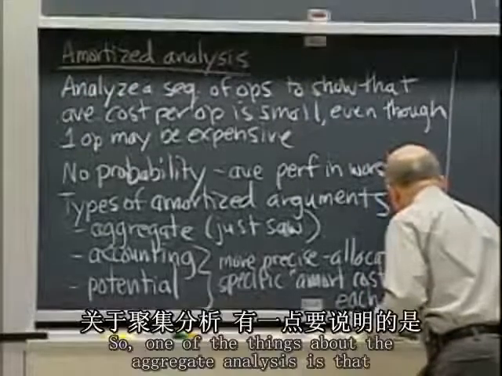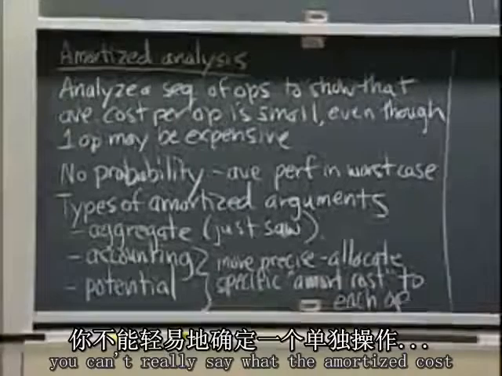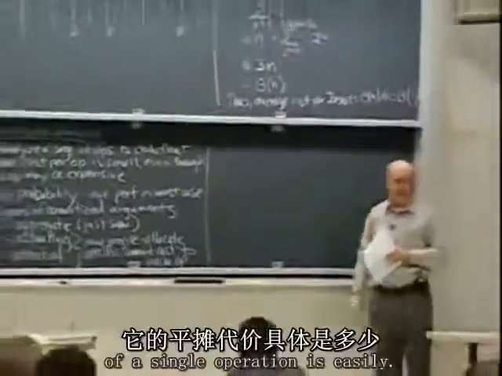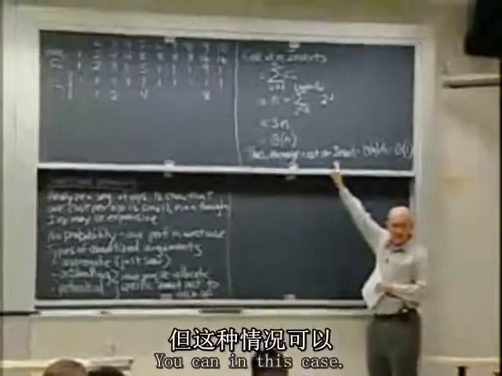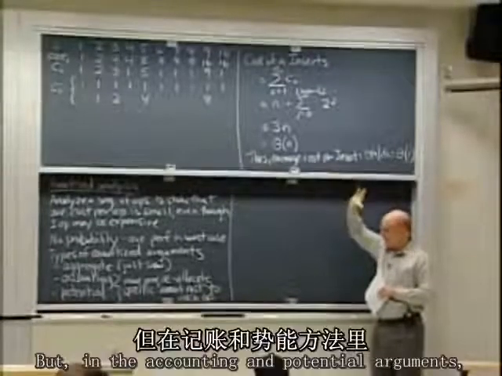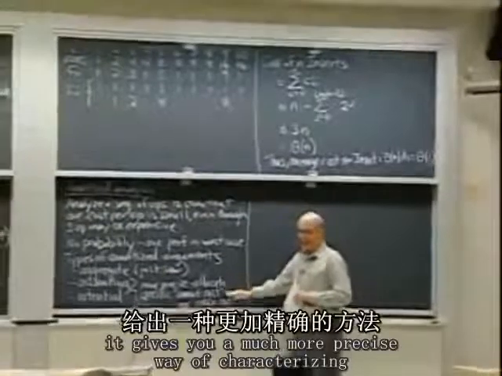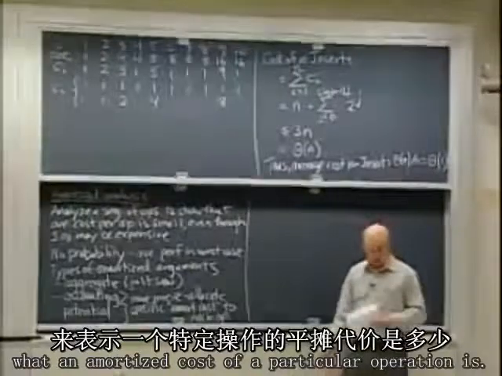So one of the things about the aggregate analysis is that you can't easily say what the amortized cost of a single operation is. You can in this case. You can say it's order 1. But the accounting and potential arguments give you a much more precise way of characterizing what the amortized cost of a particular operation is.